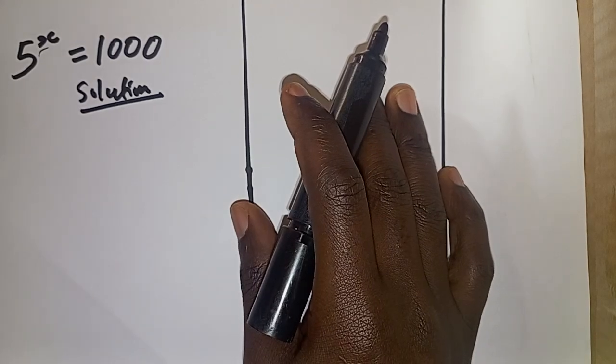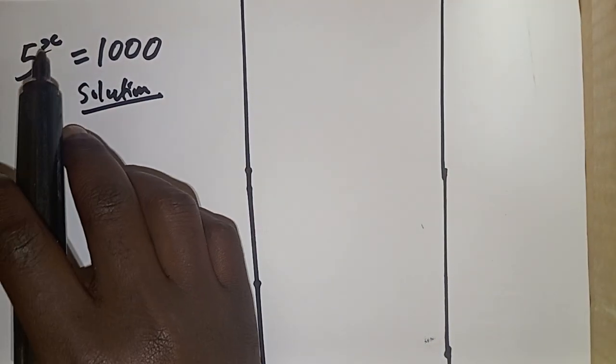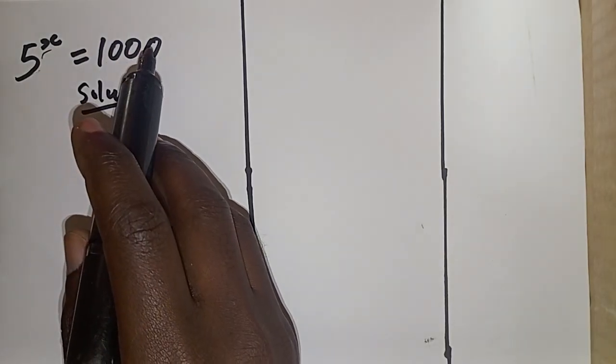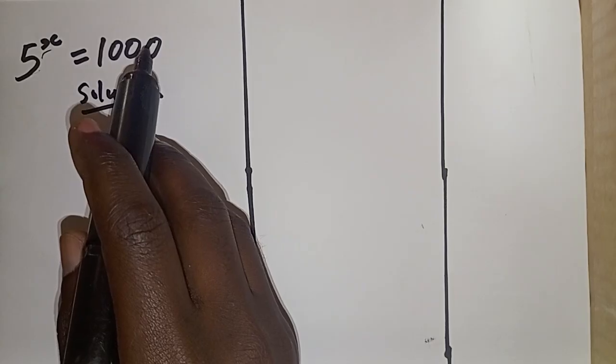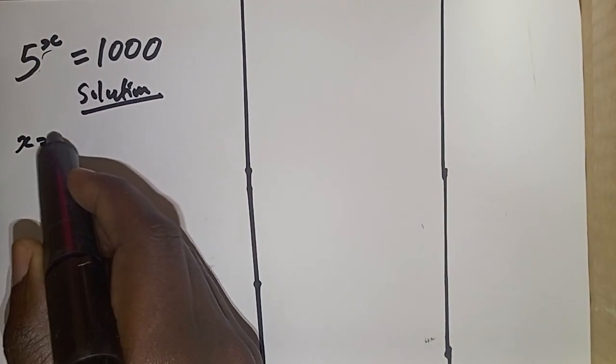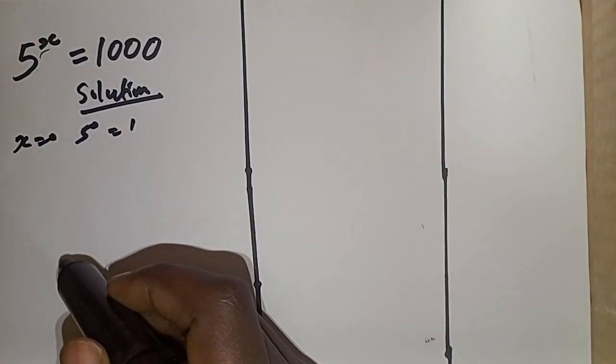But before we go to the solution, are we in a position to predict the value of x that will give us the output as 1000? Recall that x cannot be equal to 0, because 5 to the power 0 becomes 1.